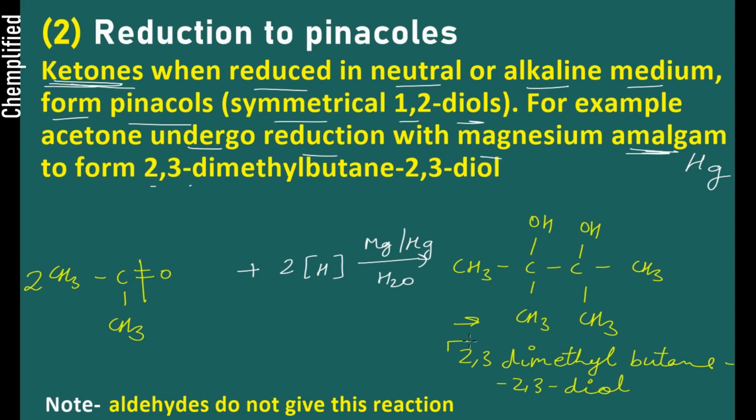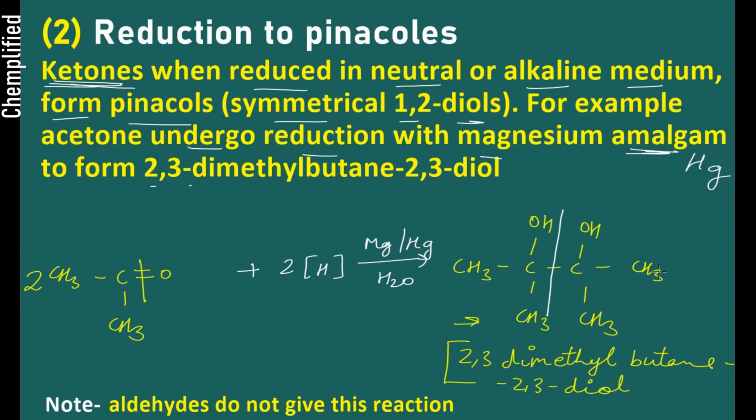These are known as pinacols, symmetrical 1,2 diols. Why is this symmetric? Because if you cut this in half, both sides are kind of mirror image to one another. So this is a symmetric molecule, right?